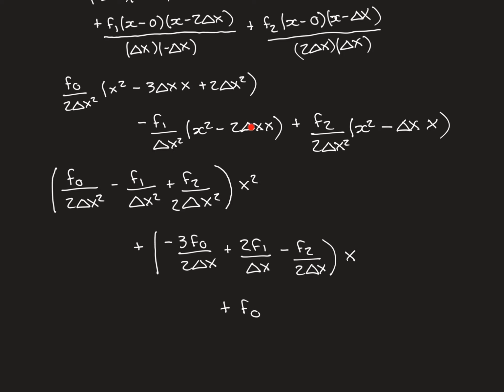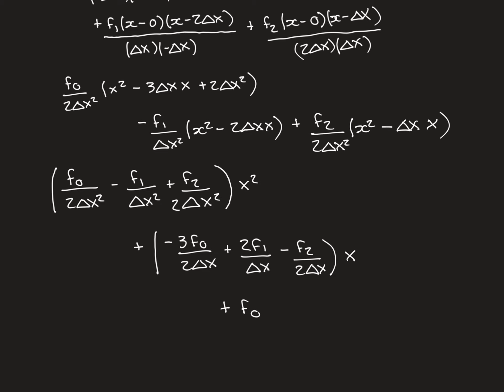Then this term here, the delta x is going to cancel again, so we just get plus this time because the minus is cancelled with the minus, so plus 2 times f1 over delta x, and then this final one, so again it's going to be minus, delta x cancels, so it's just minus f2 over 2 delta x times x.